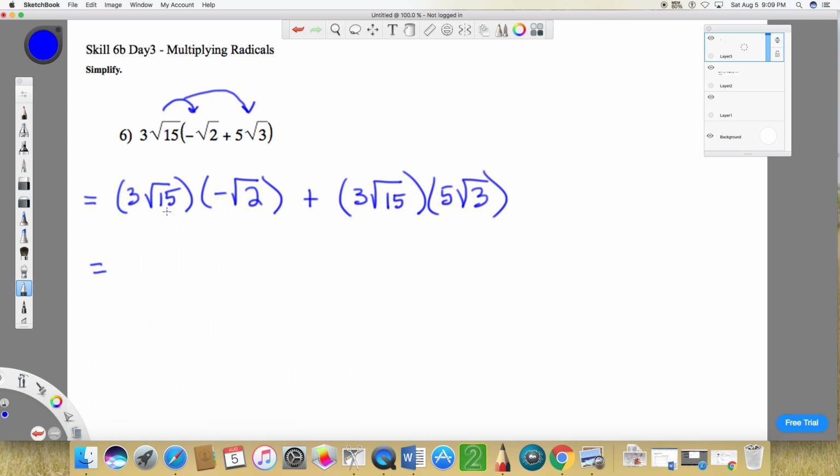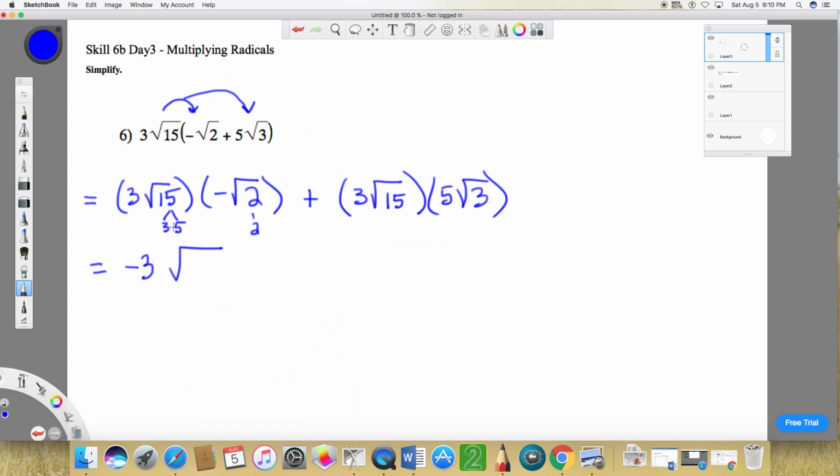So the 15 breaks down to 3 times 5. And 2 already is a prime number. So when we look here at these factors, we can place this underneath one radical, but we don't have any pairs, so we're not going to be able to simplify that. We've got this negative sign, and I'll move that with the 3. Like I said, you can think of this as a negative 1 if you want, and negative 1 times a positive 3 is negative 3.